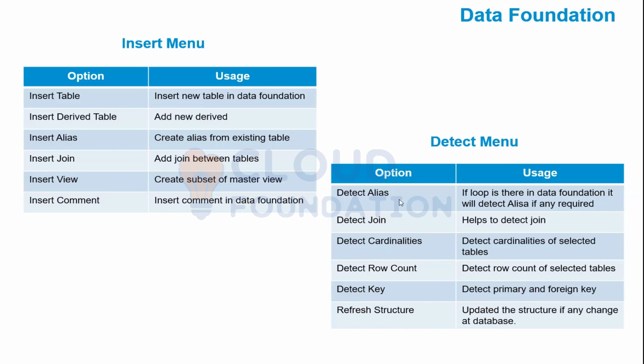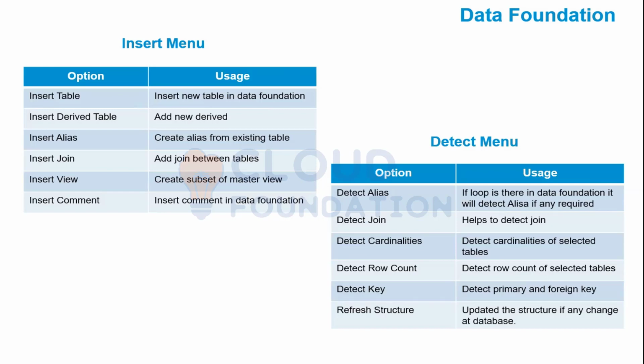Detect alias, this is also like if a loop is there in the data foundation, it will detect alias if any is required. So if a closed loop got formed, like table A joined with table B, and table B joined with table C, and table C joined with table A. If a closed loop forms in a data foundation, we will not get correct data in our reporting layer.